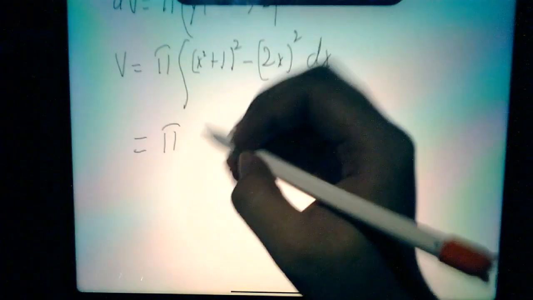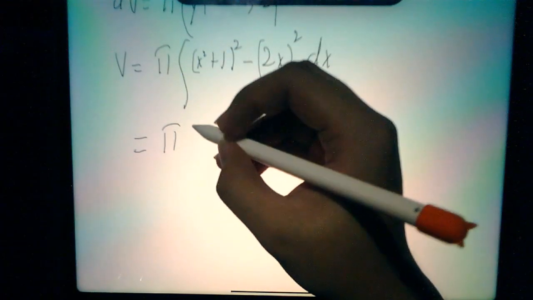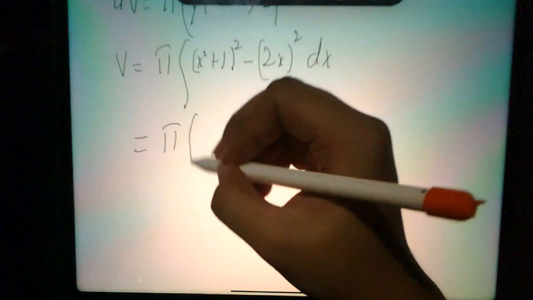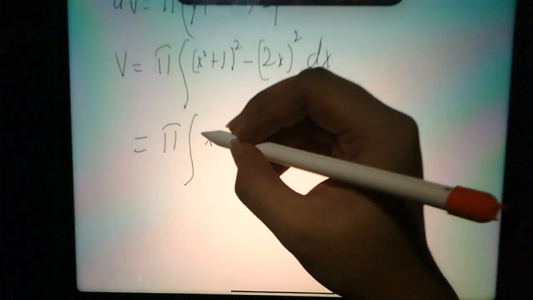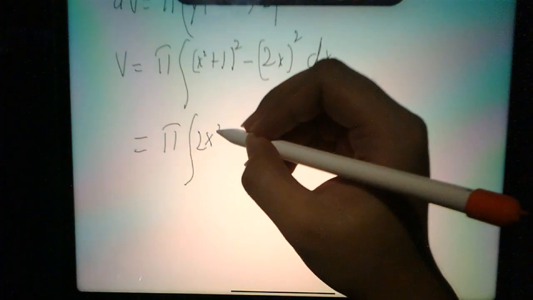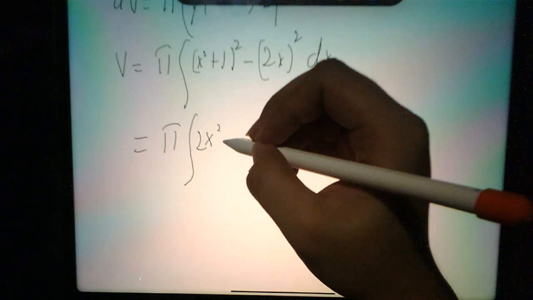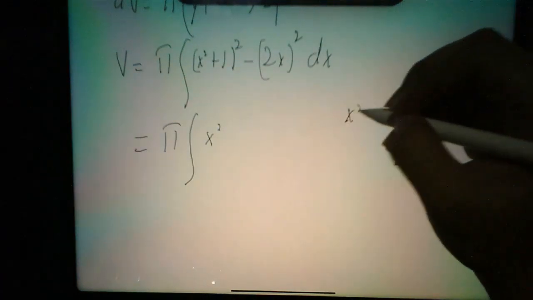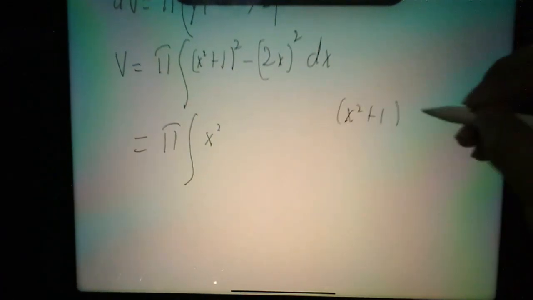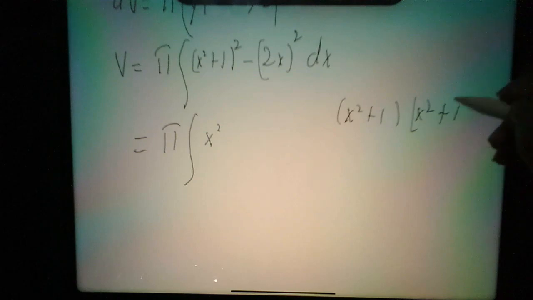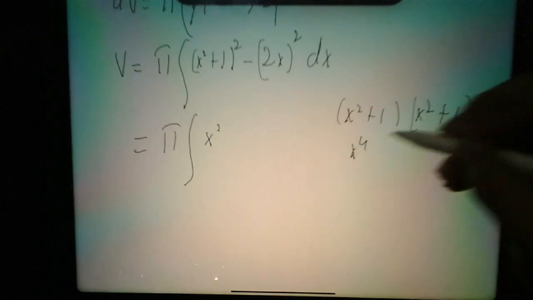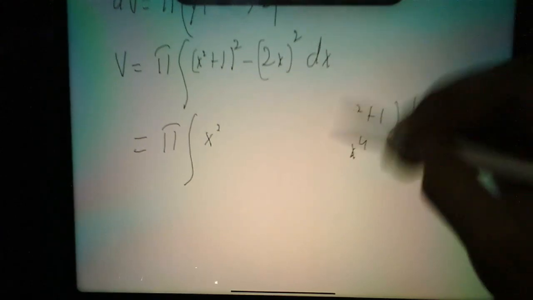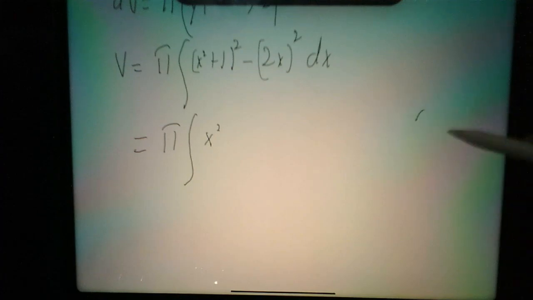So pi, then let's expand this first. x squared plus 1 times x squared plus 1 comes to x to the 4, not 2x squared.